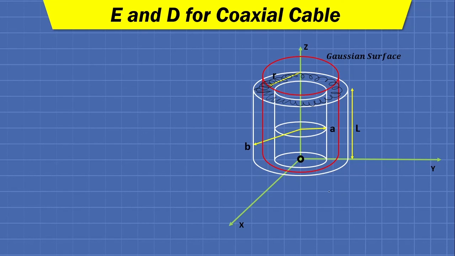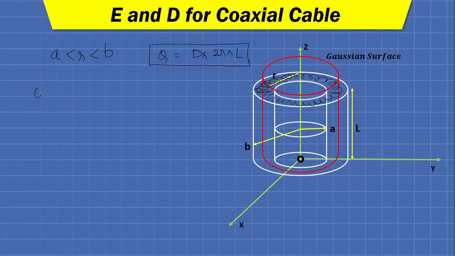Okay, so moving further, the radius of our Gaussian surface will change from a to b only, and previously we had the relation Q equals D_r into 2 pi r L. Fine, so these two relations we have already derived.